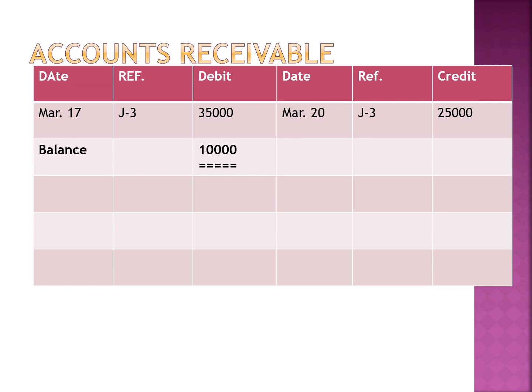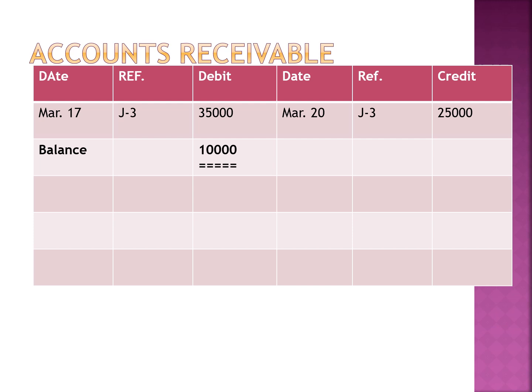Then our general ledger for accounts receivable. On March 17, journal page 3, we debited accounts receivable for 35,000 for billing the clients for services already rendered.